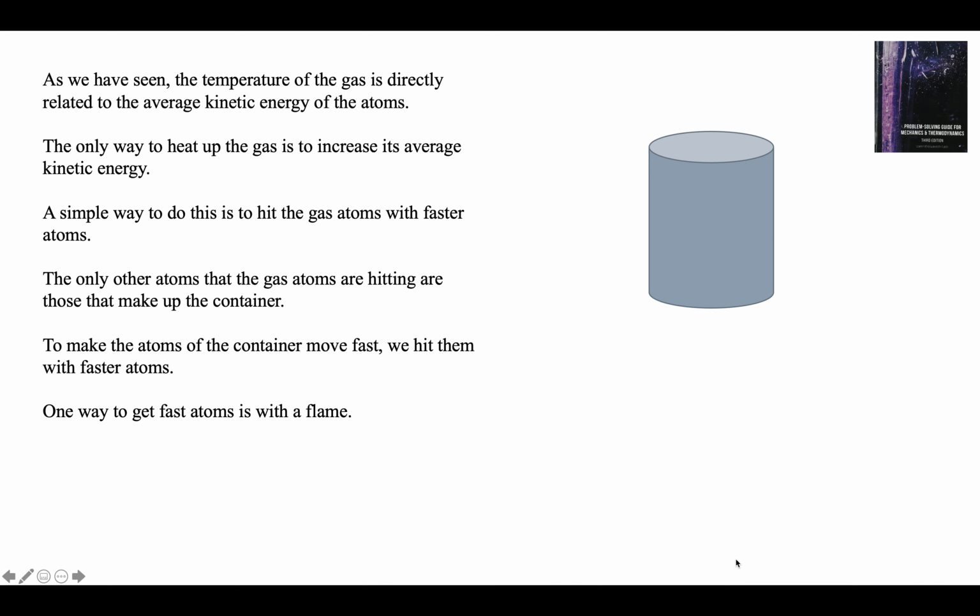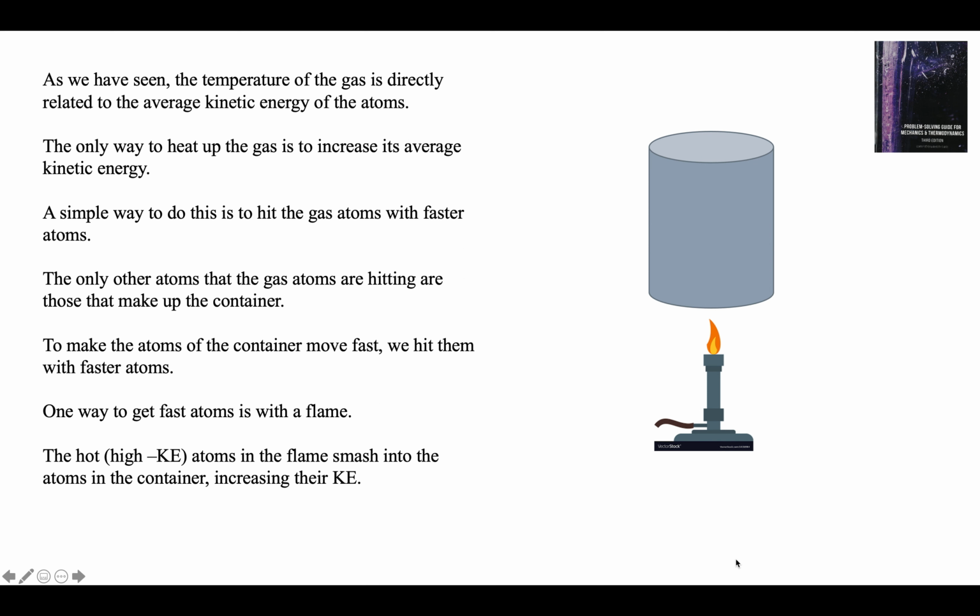One way to get fast atoms is a flame. So let's put a Bunsen burner under there. So the atoms in the flame have a high kinetic energy. They bang against the atoms in the container, increase their kinetic energy, and then the gas hits the container and it gets its kinetic energy increased.